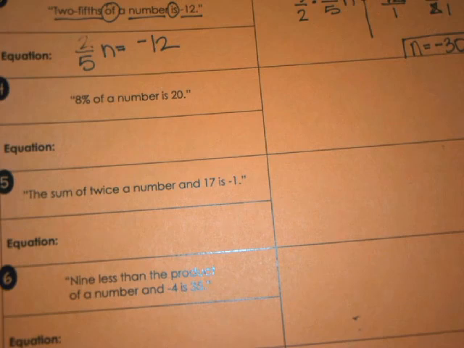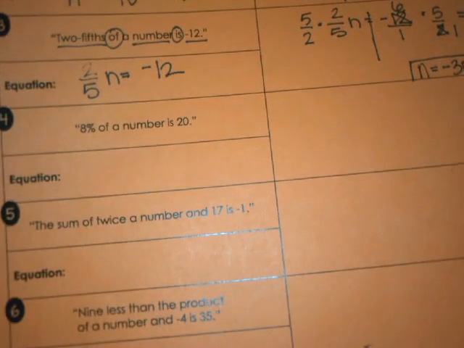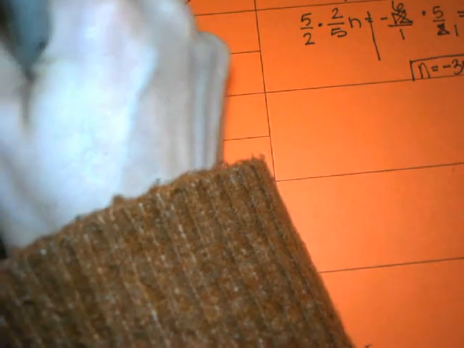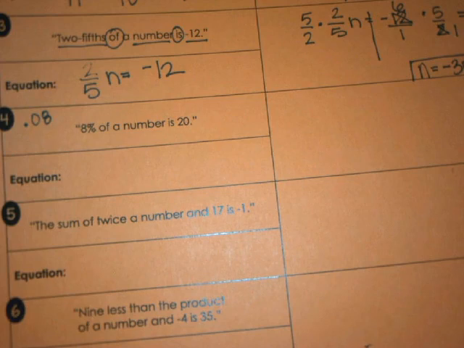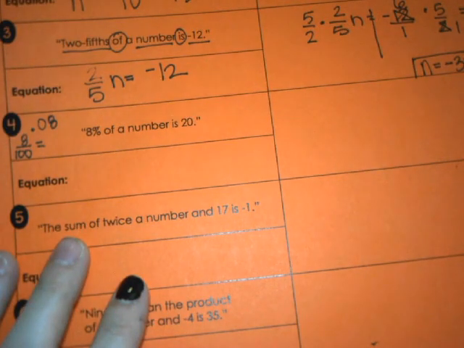Someone tell me what is 8% as a decimal? Anyone know? Claire? It is not 0.8, it is 0.08. So if you want to write it as a decimal, you would write 0.08 or 8/100. If you want to write it as a fraction, someone tell me how I'd write it. Aubrey? 8/100. And what could I do with 8/100? Simplify. Braden, what's it simplify to? Not 4/25.